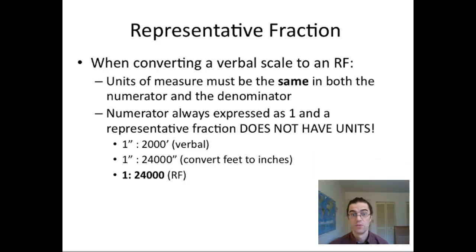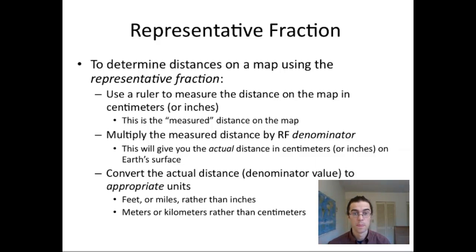So in terms of verbal here, 1 inch is equivalent to 2,000 feet, or to convert that into inches, 1 inch equivalent to 24,000 inches. So a representative fraction would just be 1 to 24,000. I don't think you need to have RF in the parentheses after that. It's just for explaining that step in the bulleted list.